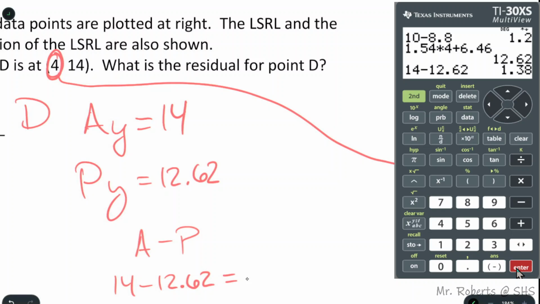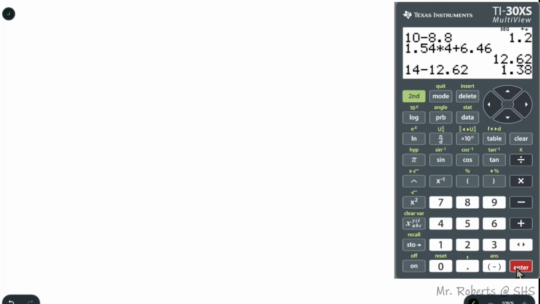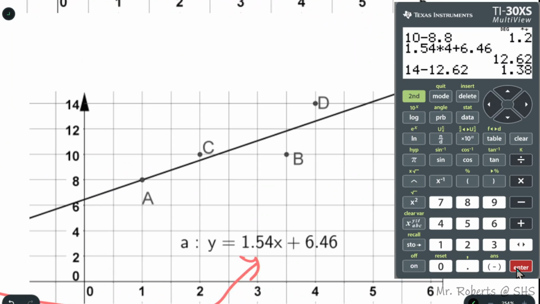So the residual for point D is 1.38. Notice it's positive. It's kind of nice to notice that D is above the line. The length of this little line between the predicted value and the actual value is positive 1.38.